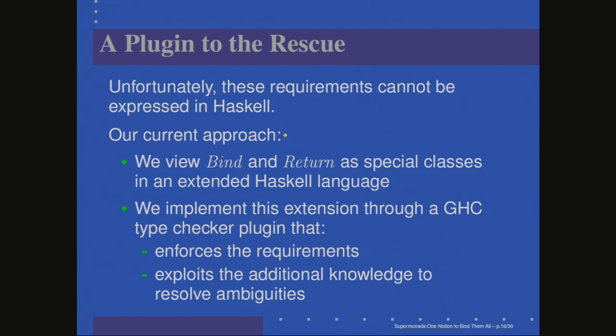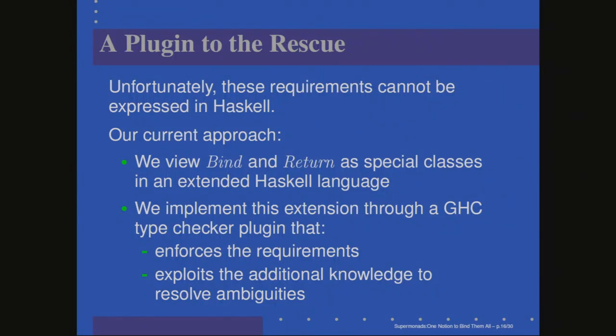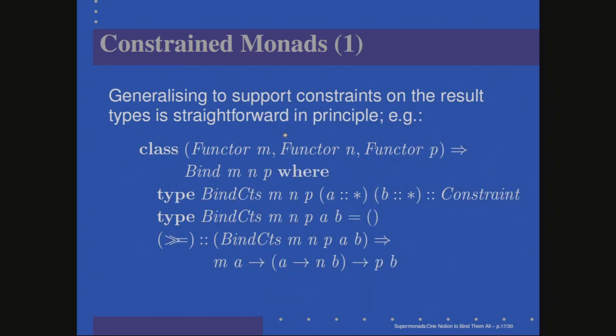And then it can exploit this additional knowledge it now has, thanks to enforcing this, in order to help us with the type checking and type inference. And as I said, these requirements are enough to bring us back to essentially familiar territory. You can write the code you usually write, and it will type check without any funny ambiguity error messages popping up.